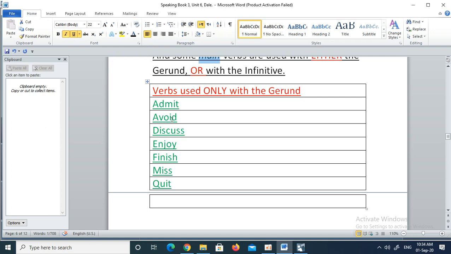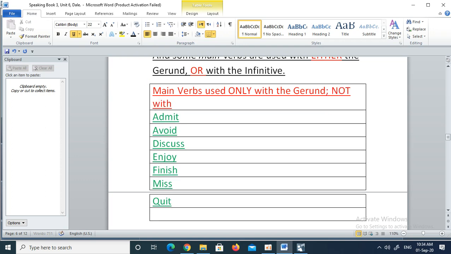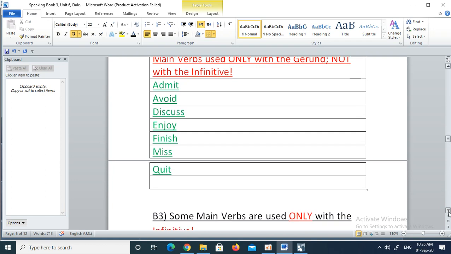Admit, avoid, discuss, enjoy, finish, miss, and quit are all main verbs that are used only with the gerund. They are not used with the infinitive. Okay, let us carry on.